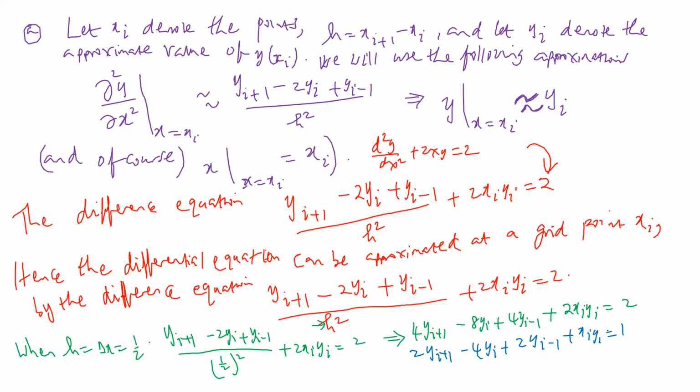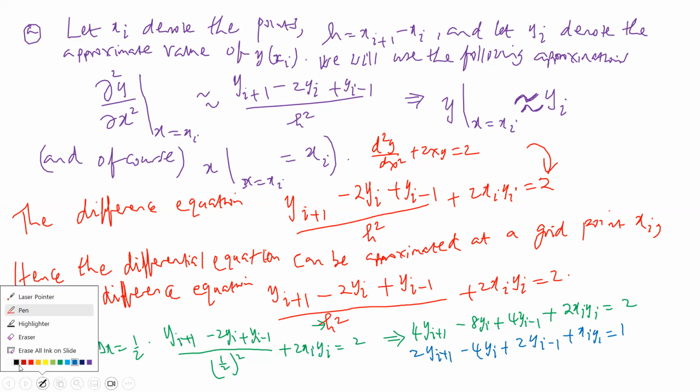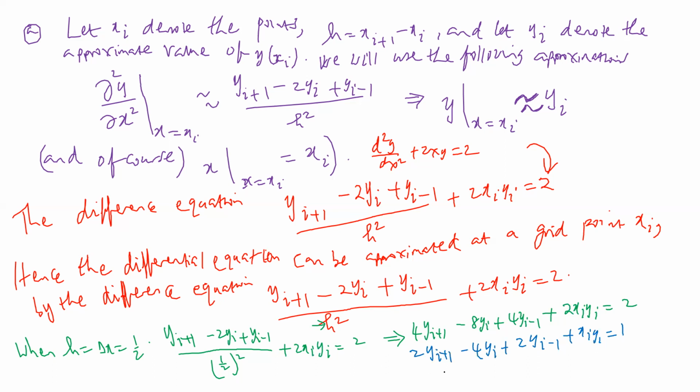And then now we have this. What do we obtain from this? So yi is a common factor. So you have 2yi minus 1. So we're done with this one.